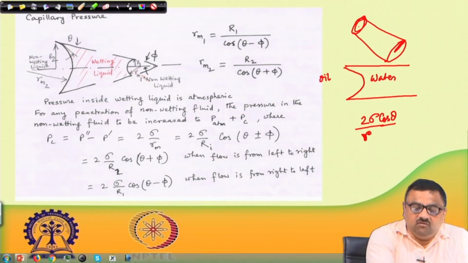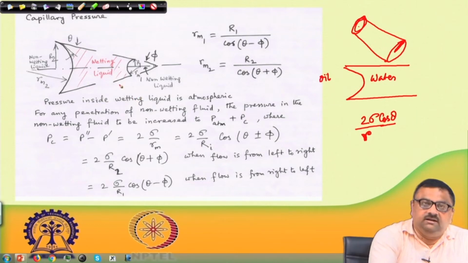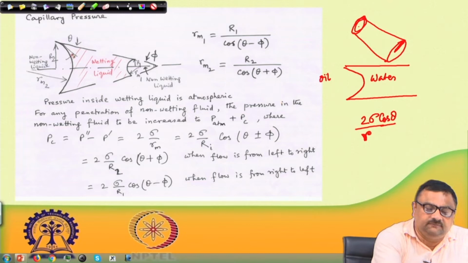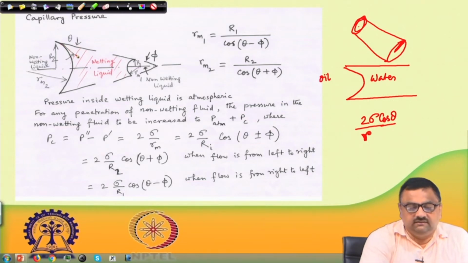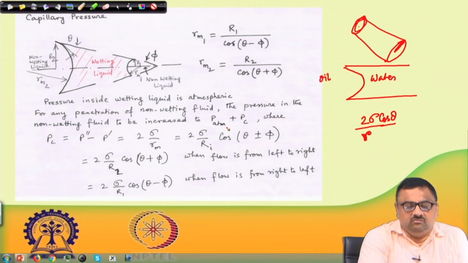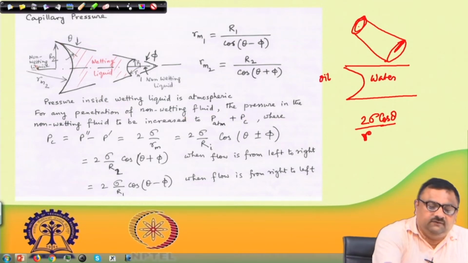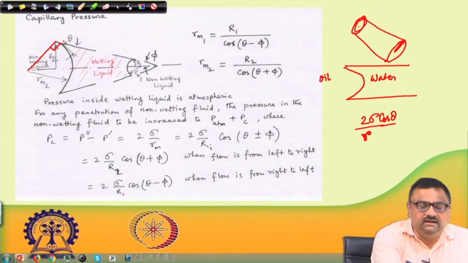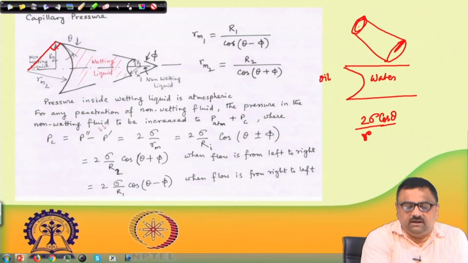Now one can note here, it can be shown by geometry, if this angle is theta, this is the contact angle. So this angle is theta, and if you draw a line here, since this is the radius, this makes an angle of 90 degree to this line. So you can do this by geometry.